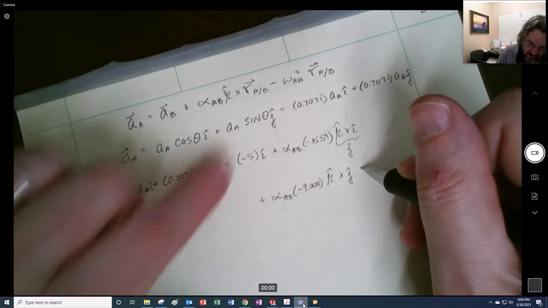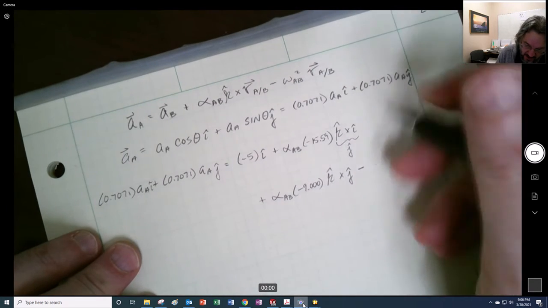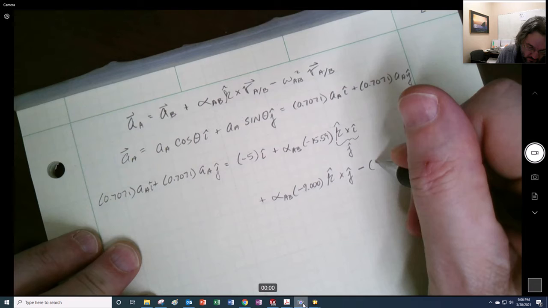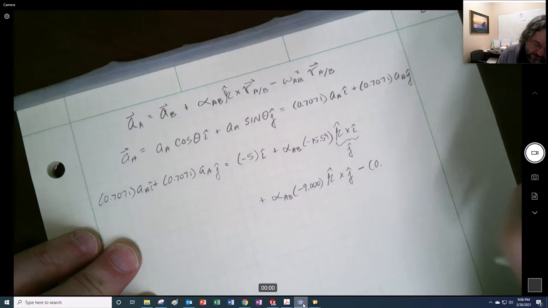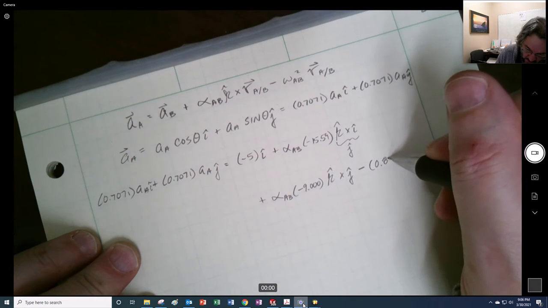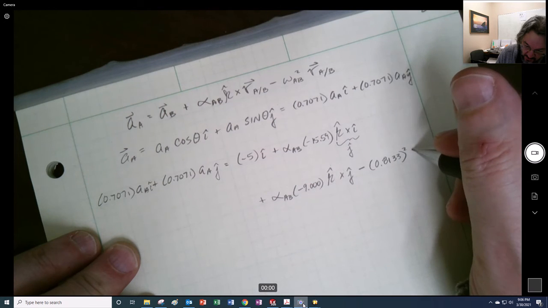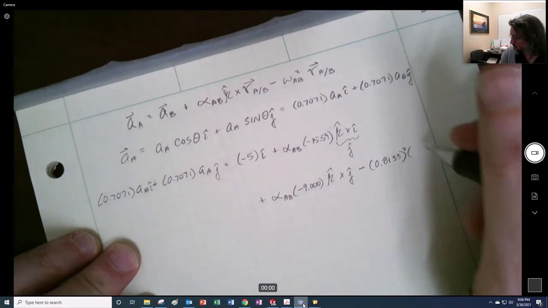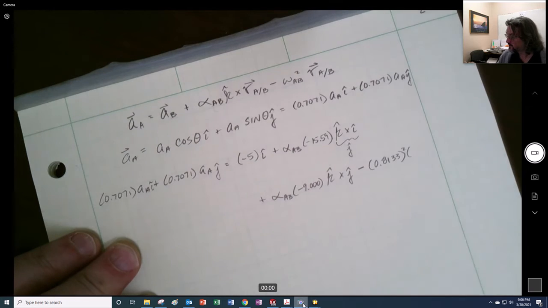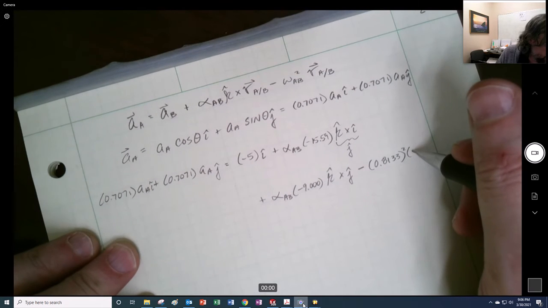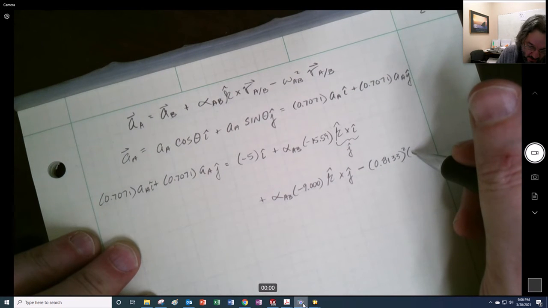And then still continuing here, we're going to have a negative 0.8133 squared times, where's my R?